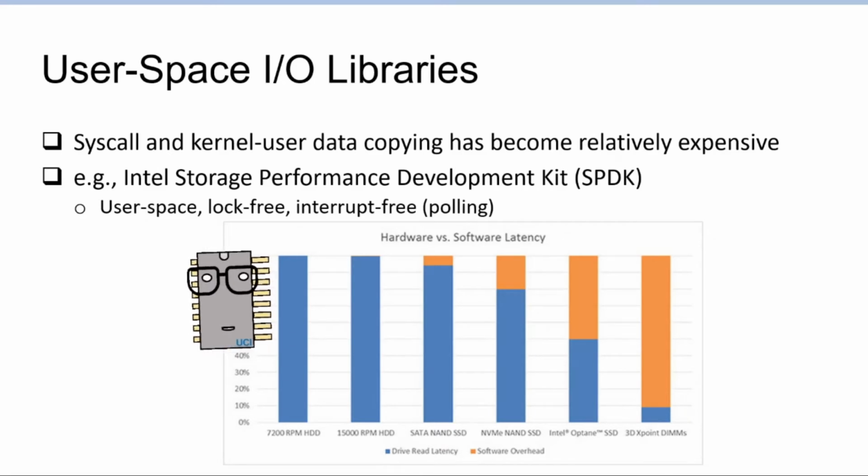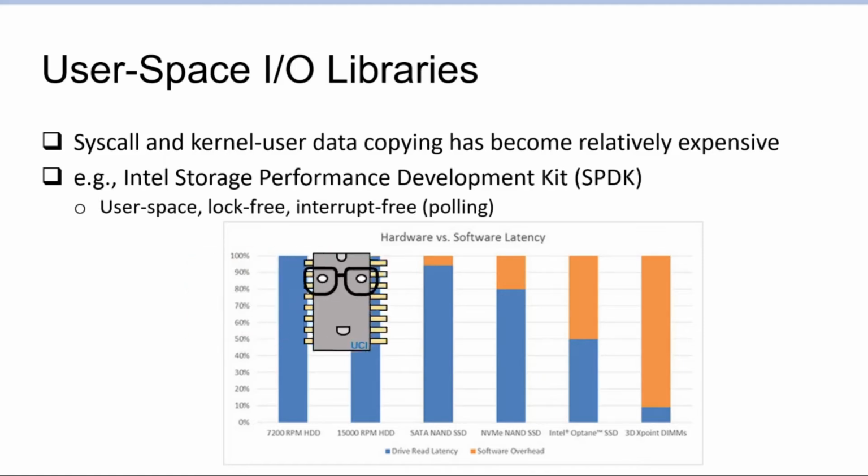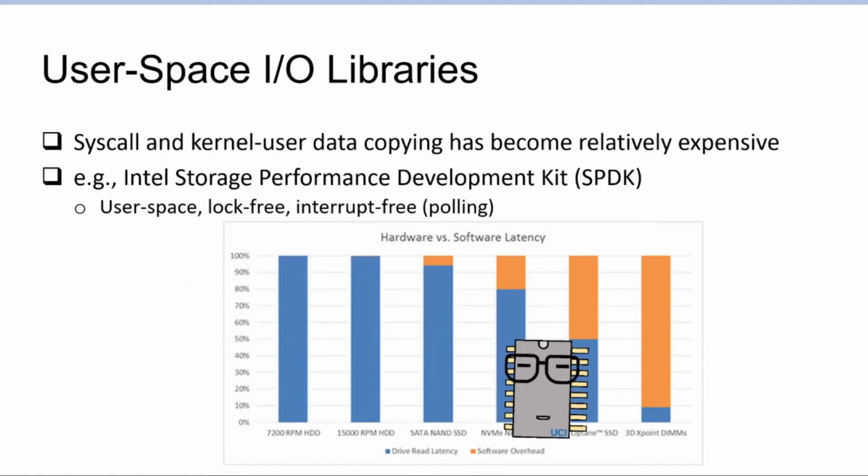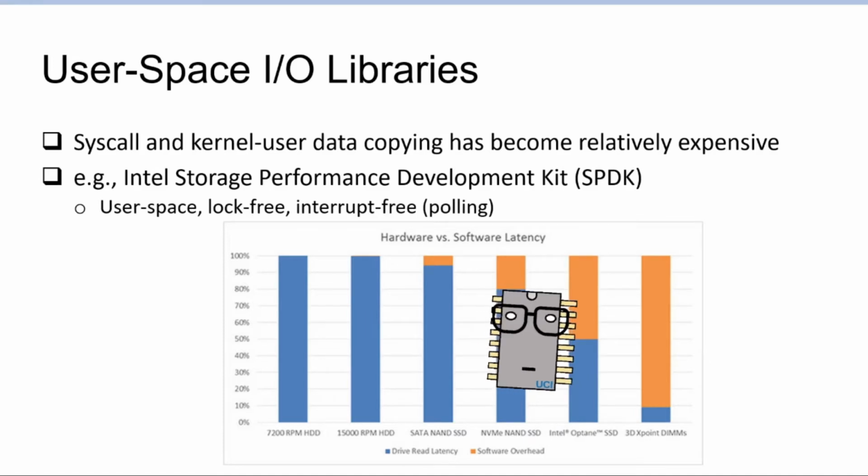Software can do as much complex computation as it wants before sending out read requests, but compared to the potentially millisecond latency of storage reads, the software overhead is negligible. But as performance becomes faster and faster, the software overhead becomes a more and more prominent source of performance degradation.